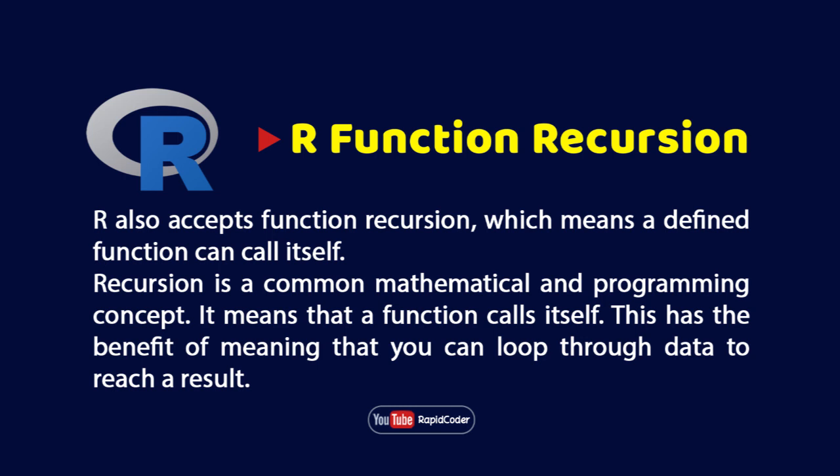This has the benefit that you can loop through data to reach a result. Increasing, for example, a number: a function will increase it with a random number, and recursion will call again the result of the last function.